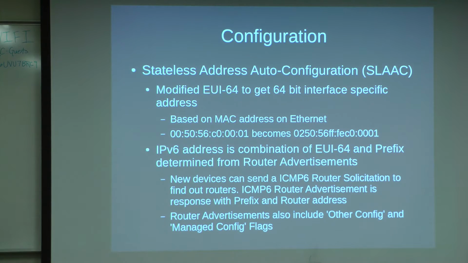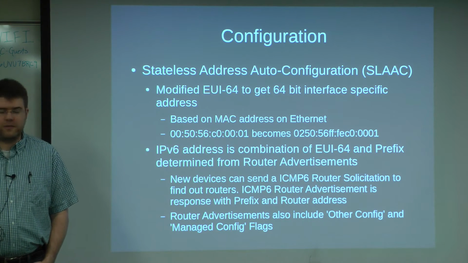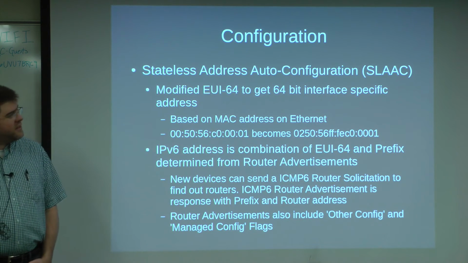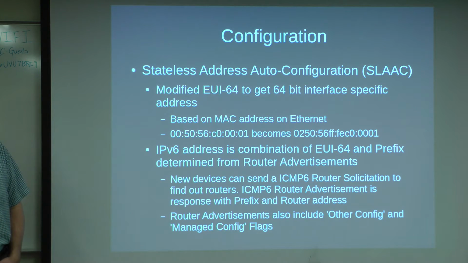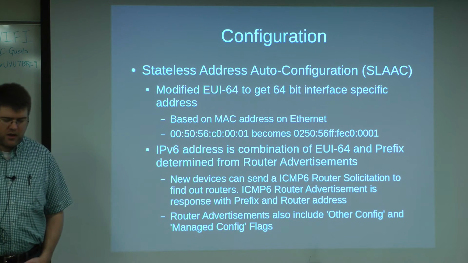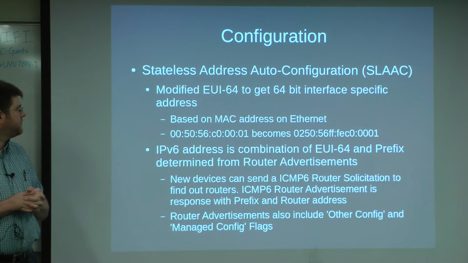Manually configuring things is less than fun, and so we do have some automatic tools to help us. The first one is Stateless Address Autoconfiguration, or SLAAC. This is a way for a device to automatically configure its IPv6 addresses.